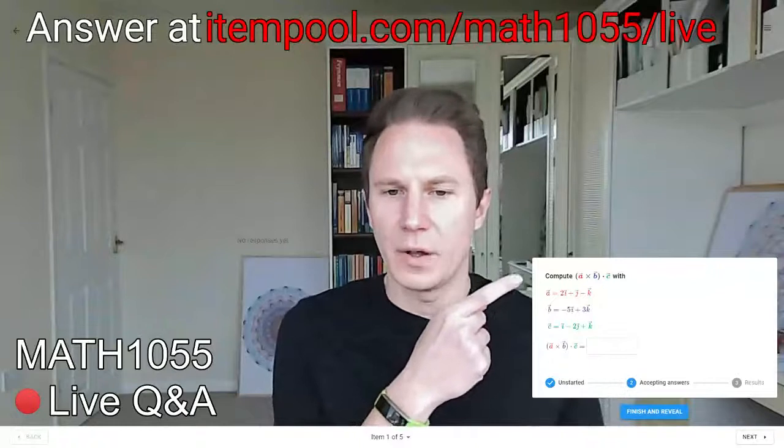It's asking you to compute this expression. You have three vectors in 3D space, and you have to compute the cross product of the first two vectors, and then the dot product of the third vector with the cross product of the first two.